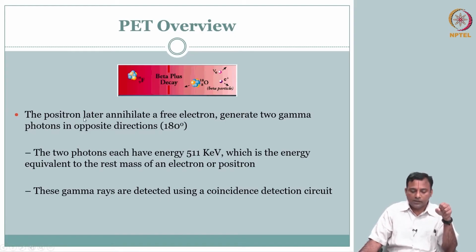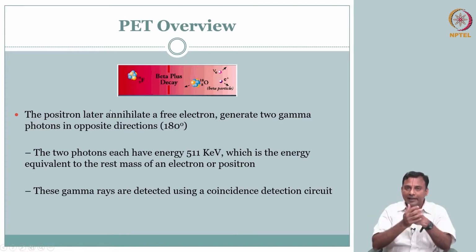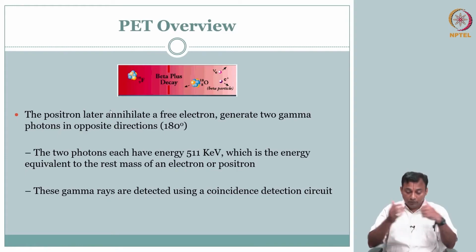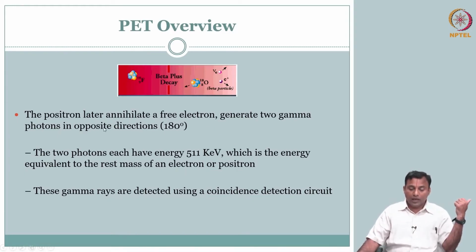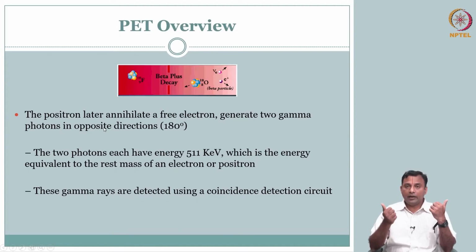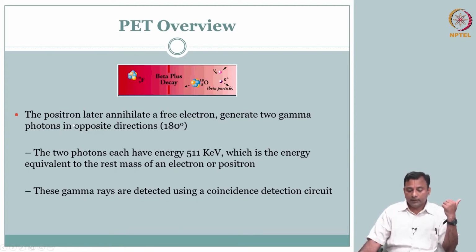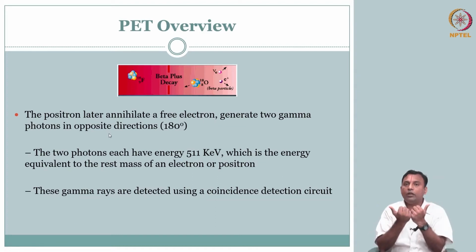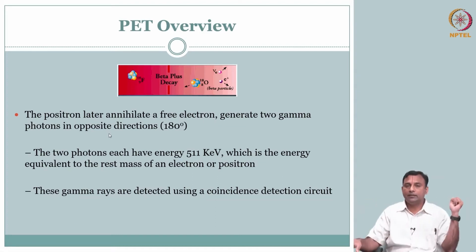What happens is this positron moves, interacts with a free electron, and annihilates there, and therefore you get 2 gamma photons. And the beauty about this is these 2 photons that are coming out are exactly opposite, like 180 degrees in direction. So they go in opposite directions.